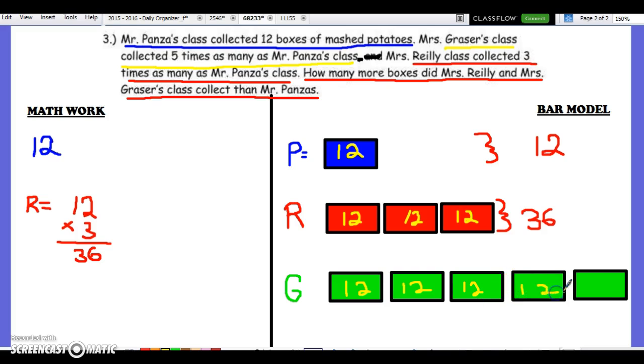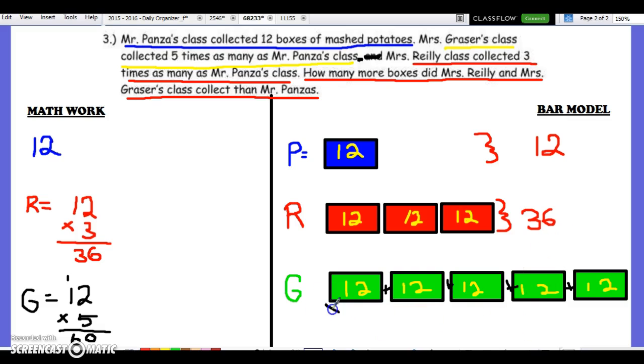And this should help me recognize that, oh, with each bar, I'm doing nothing but repeated addition. 12 plus 12 plus 12 plus 12 plus 12. In other words, to figure out how much Mrs. Grazer has, I take 12 and I multiply by 5, because she collected 5 times as many as Mr. Panza's class. And when I multiply 12 times 5, I get 60.